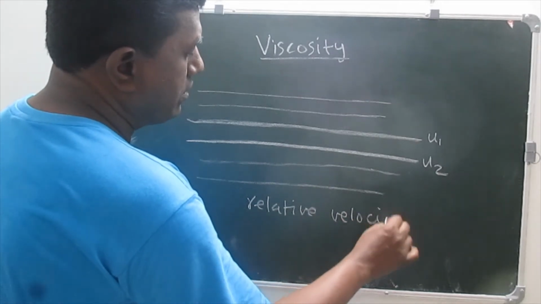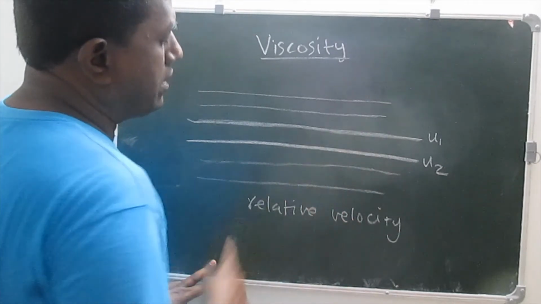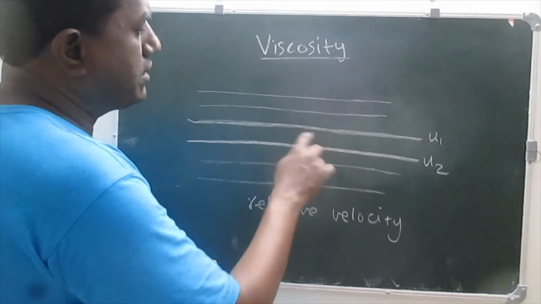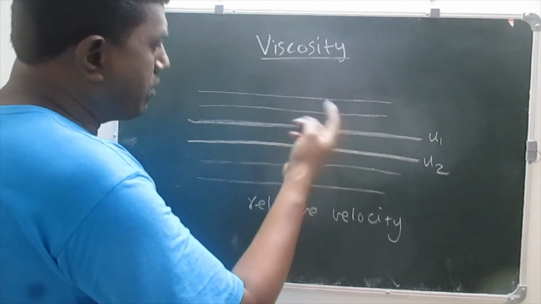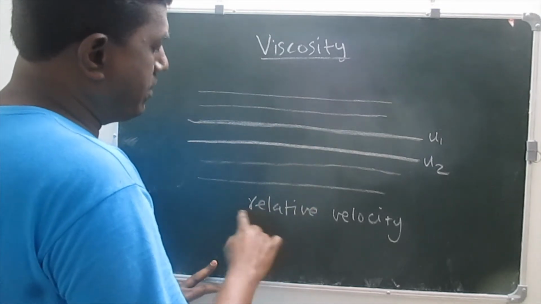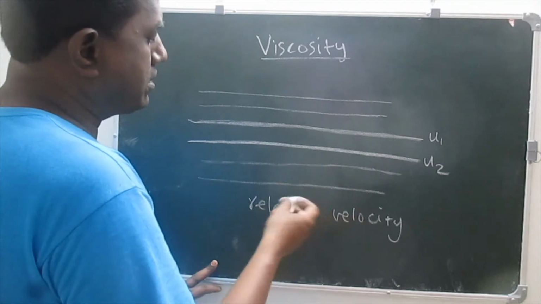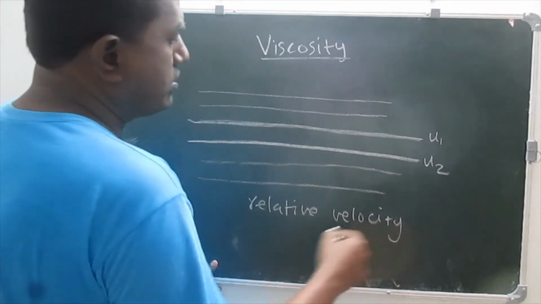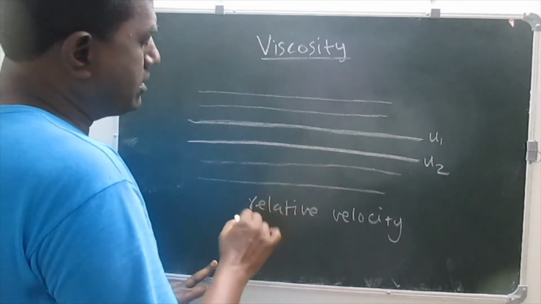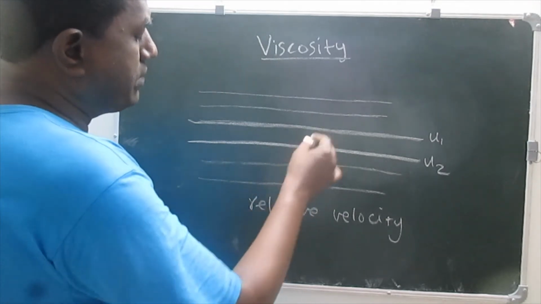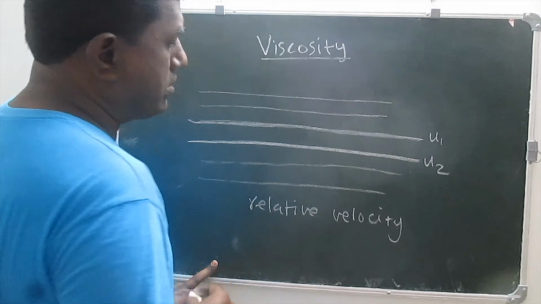If there is no relative velocity between the layers, there won't be any internal resistance. If there is no internal resistance, the relative velocity will be 0. Since we have internal resistance, nothing but viscosity, relative velocity comes into the picture.